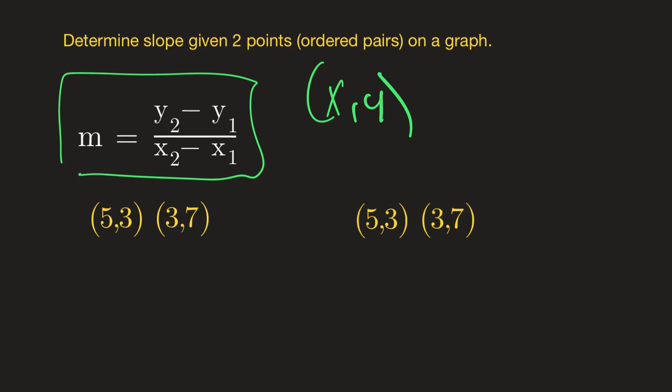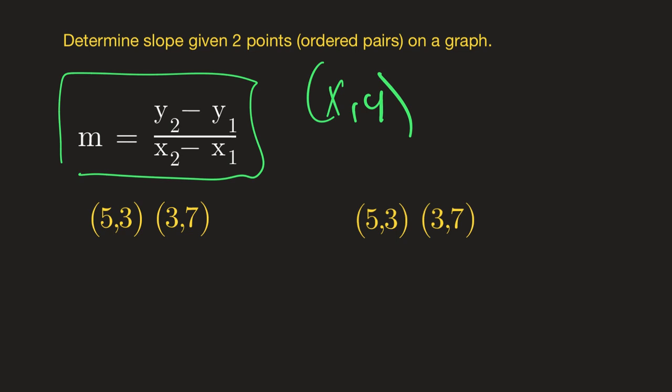Just make sure you subtract the same way for both the y's and the x's. You can subtract right to left, great. Do them both right to left. You can subtract left to right. Do them both left to right. It doesn't matter.